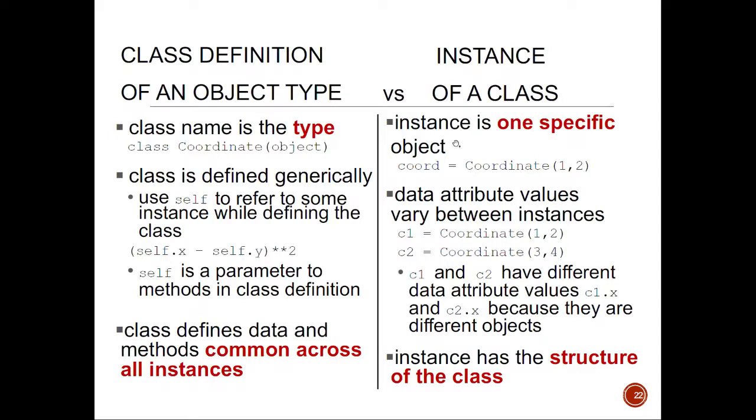However, an instance is just one specific object of that class type. So here, for example, C1 and C2 are both instances of the class coordinate, but they are different instances. They have different data attribute values because they are different objects. So the instance has the structure of the class, but with different values.